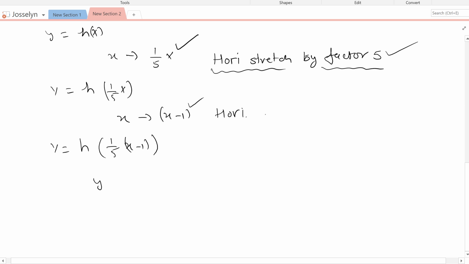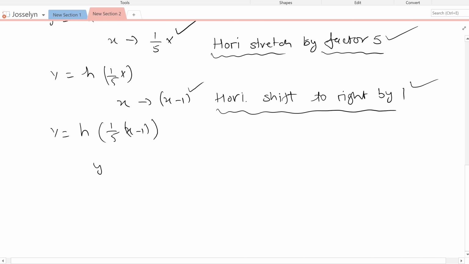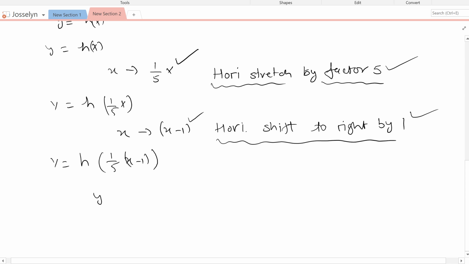So horizontal shift to the right by 1. There's always a kind of shortcut to doing these things, but you have to understand things more deeply.